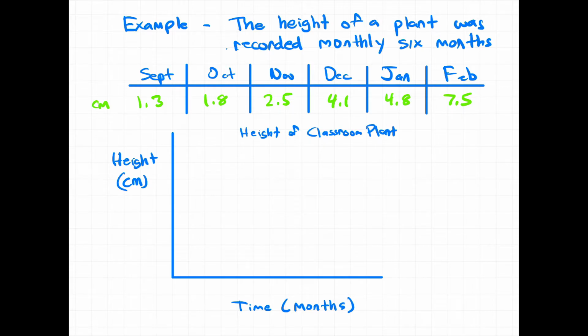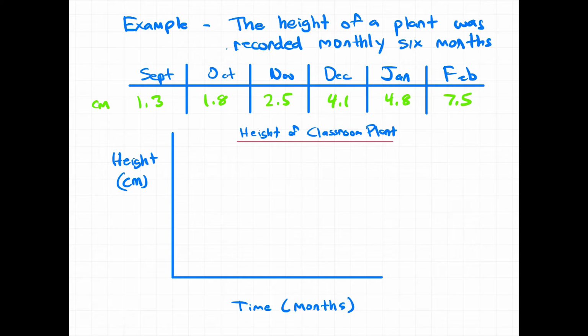Okay, so now again, I need to look at how many positions I have moving from here over to the right. So I have 1, 2, 3, 4, 5, 6, 7, 8, 9, 10, 11, 12. So we have 6 months.